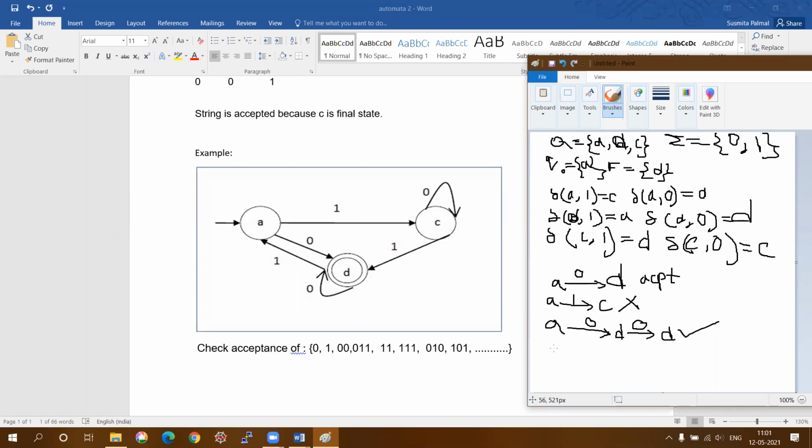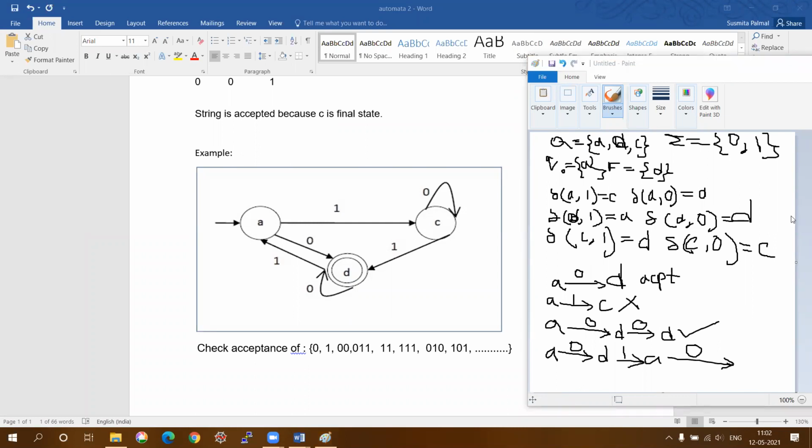Initial state, if I use input symbol 0, then it will go to state D. Again, if I use 1, from D, it will go to A. It is also written here: delta of D, 1 equals A. So I'm going to state A. The remaining symbol of my string is 0. From A using 0 you are going to D. So this is also accepted.